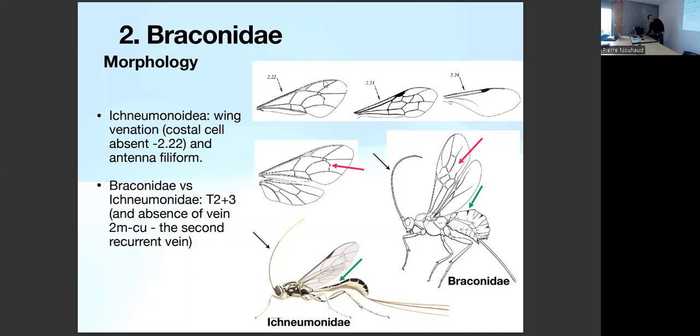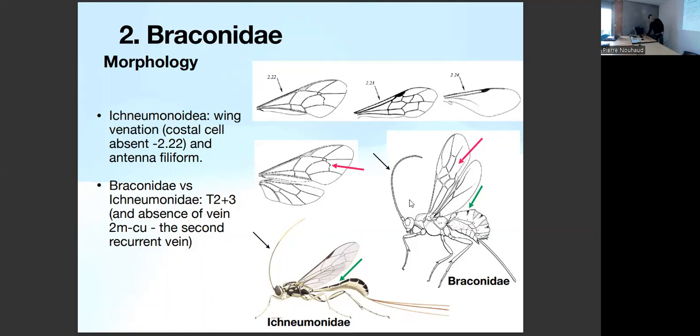Okay, so one character that you can always check is the presence or absence of this cell. This is called the costal cell. In all the Braconids and Ichneumonids, it's absent. So the two costal veins are fused, and they are filiform and have relatively long antennae.